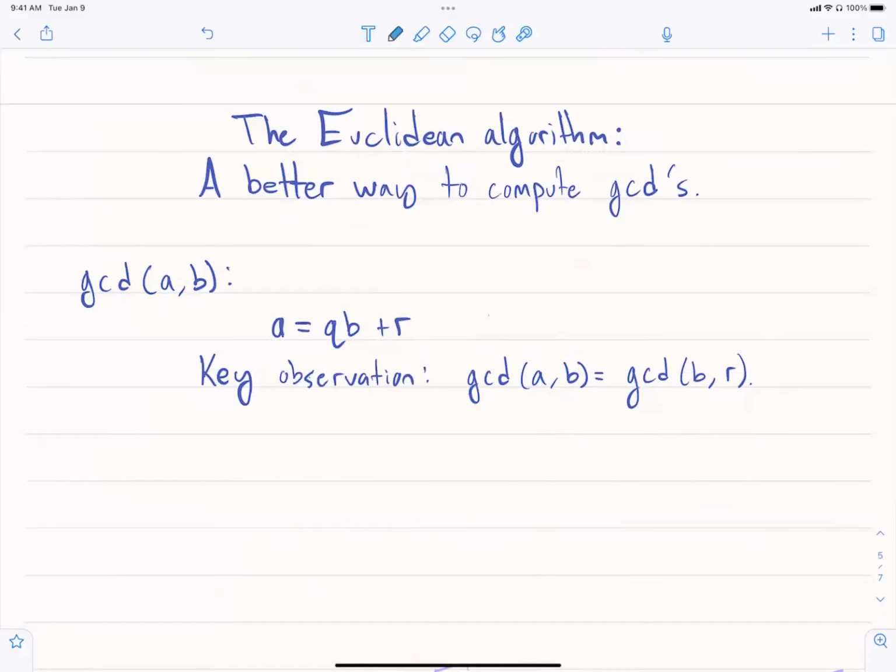So what do we need to check? We need to check two things.